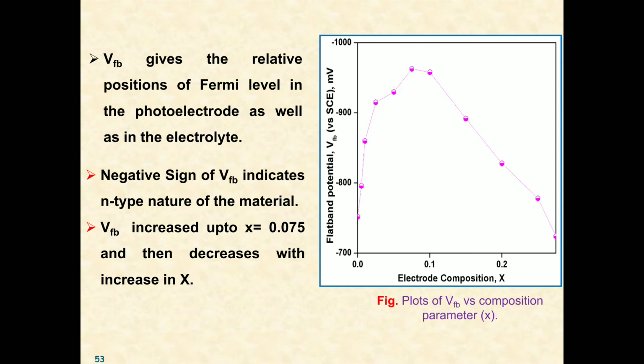The negative sign of flat band potential indicates n-type nature of the material, that is ZnSe and ZnCoSe. Flat band potential increased up to x equal to 0.075 and then decreases with increase in x.